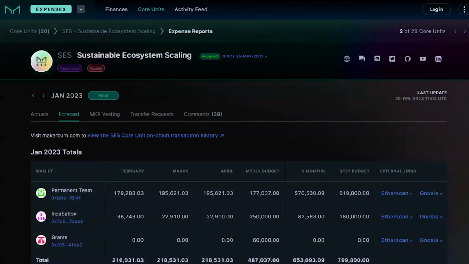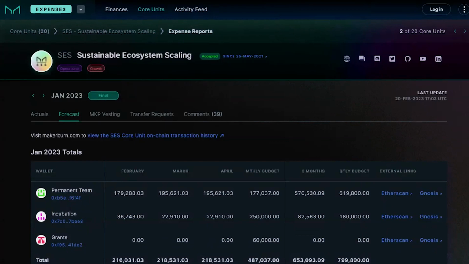They, for example, just pay their permanent contributors, and this number is practically always the same. But others have much more variable expenses. And for those core units in particular, it's important to look ahead and make sure that for the coming months, you're not exceeding your budget cap. And as you can see here, for example, we added the forecast for the Sustainable Ecosystem Scaling core unit for the months February, March, and April.